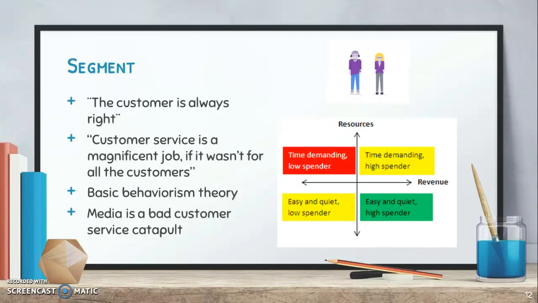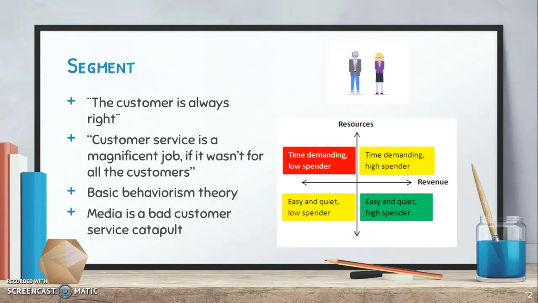I just explained this part, and now we're going with a graph that has two parts. The first part is about the revenue, and the other part is about the resources. So when the customer is time demanding and a low spender, we do want to get rid of that. So in that quadrant, we have to learn how to classify our consumers.